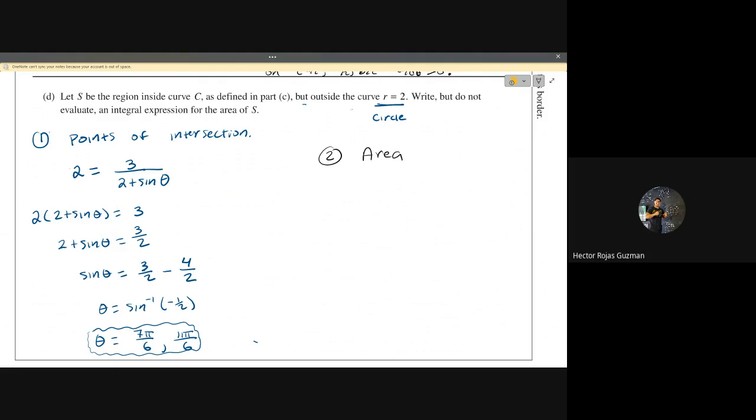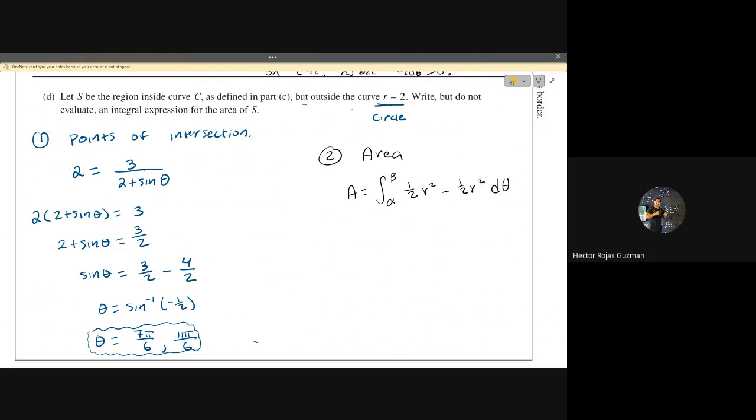And finding the area of polar curves is really similar to finding the area of regular functions. The area is going to be the integral from alpha to beta, or you can think of it from A to B. The formula, though, is 1/2 r squared minus 1/2 r squared d theta.